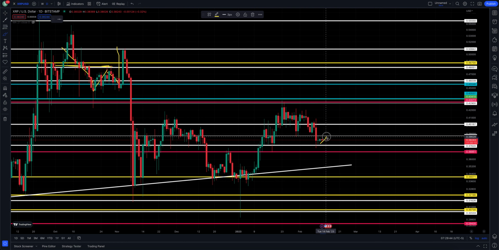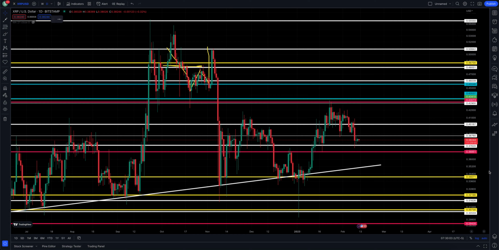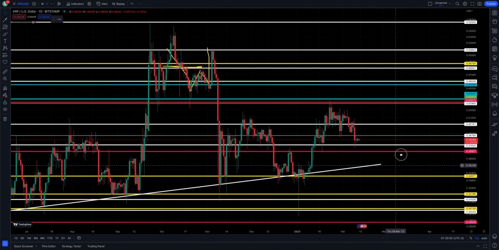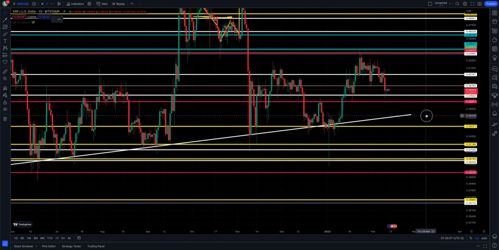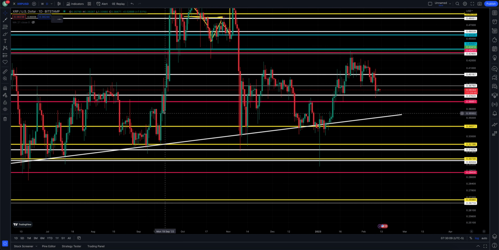It looks like it's going to do something like this and then ultimately roll over. Who knows where it will stop? The only thing that I pay attention to is the levels on the chart. So we have a 36, a 37, and that is that. We also have this very important area here on the chart, which has been respected for a while.